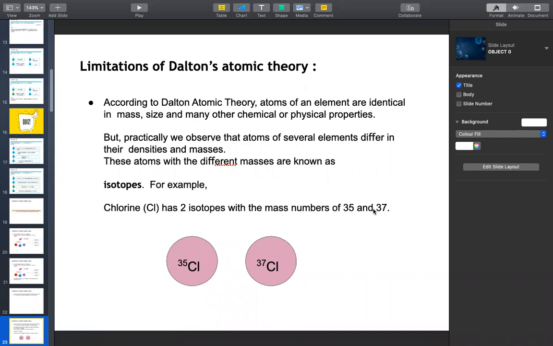John Dalton only said that elements are nothing but arrangements of like atoms. In a chemical reaction, atoms are arranged. That was the time when people started working, so it is important to understand Dalton's atomic theory or Dalton's postulates.